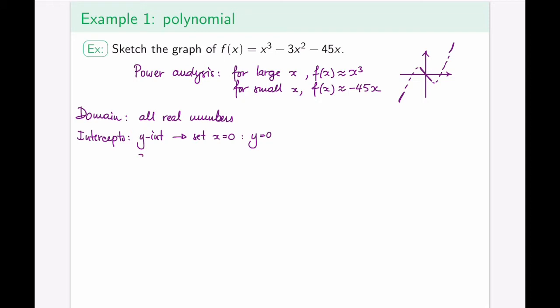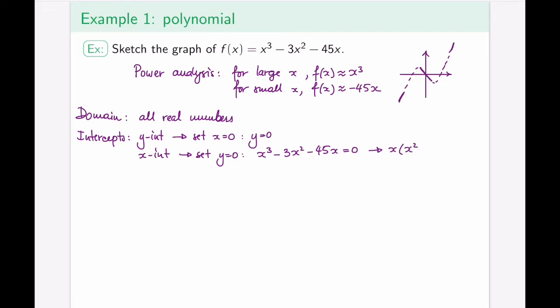For the x-intercept, we need to set y to be 0, which means that we're now having to solve the cubic equation x cubed minus 3x squared minus 45x is equal to 0. Now, it's a cubic equation, we don't have a cubic formula, but one thing that we can notice is there is an x in every single term, which means that I can actually take it out.